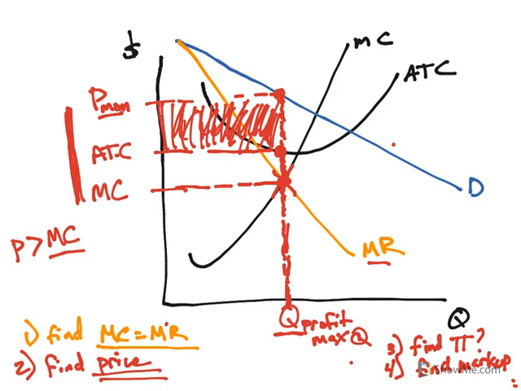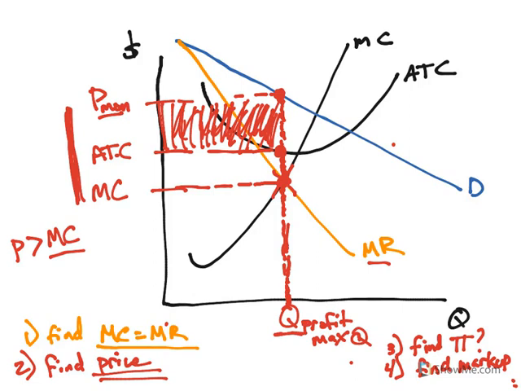Now, let's evaluate what this means in terms of some market outcomes. Now, recall with perfect competition, in the short run actually, there was a possibility of profit, but the firm was producing at least an allocatively efficient quantity.